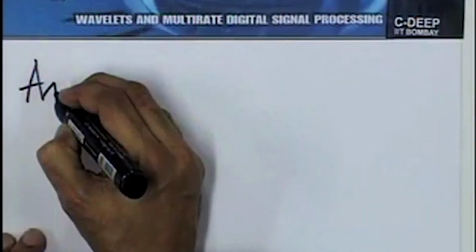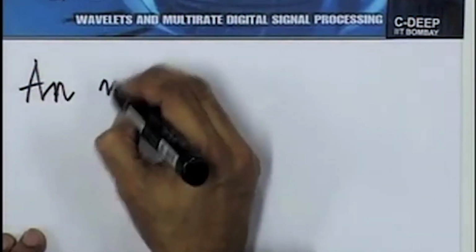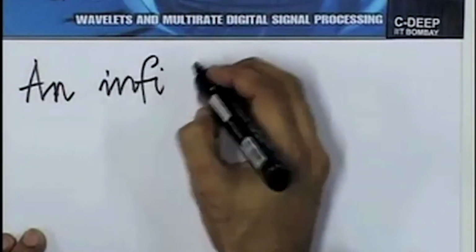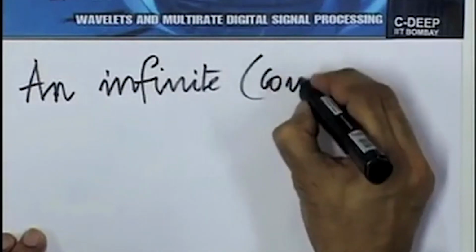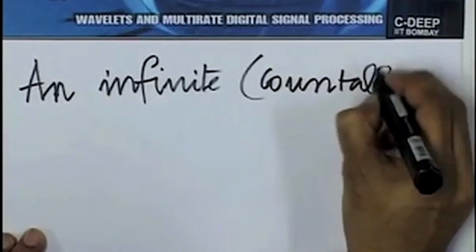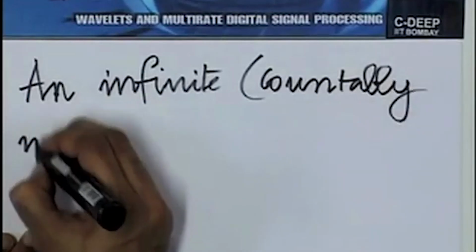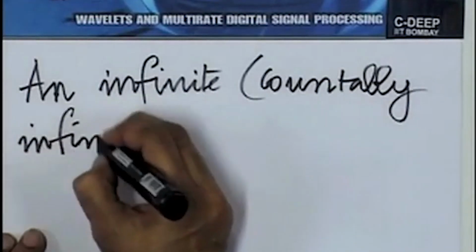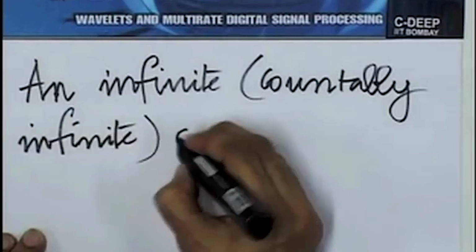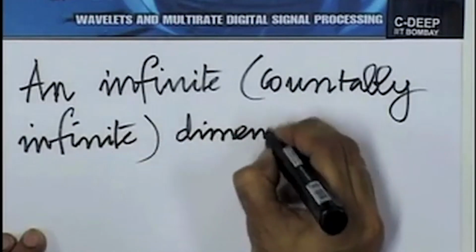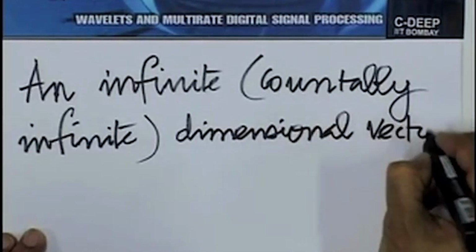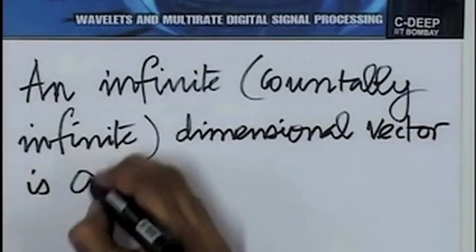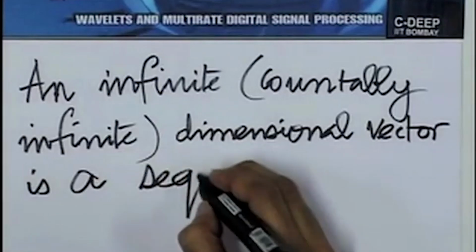A countably infinite dimensional vector is essentially a sequence.